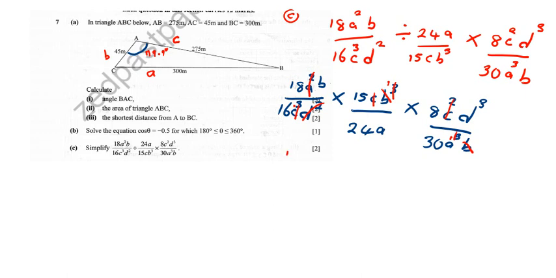I will remain with 18b over 16 times 15 over 24a times 8 d to the power 3 over 30a.